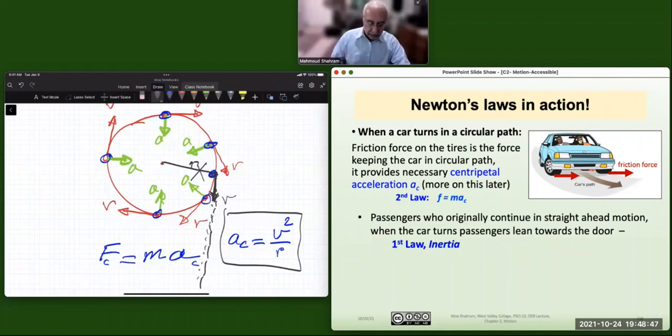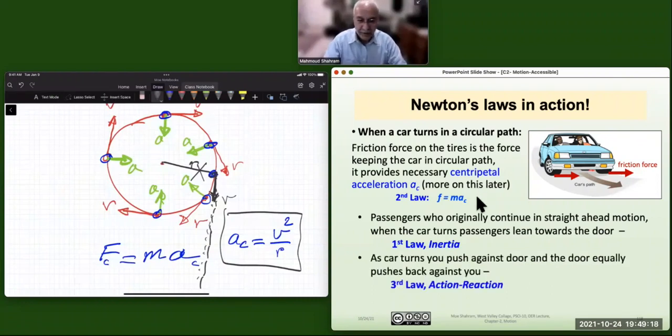So acceleration due to the centripetal force. And then the passengers are leaning the opposite direction. If you look from the top, the passengers want to go straight. They don't want to turn because of their inertia. And that's the first law.